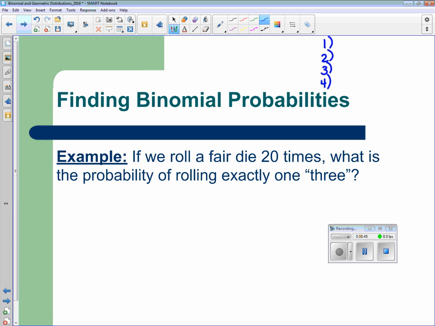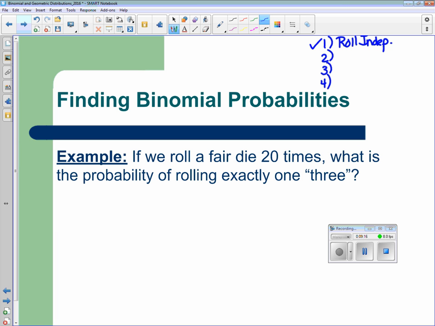What does that mean in the context of this problem? Is the probability of rolling, say, a 1 on the first try going to affect the outcome of B? Right. Each roll of the dice is independent of each other. That's what we want to say. So the rolls are independent. We're going to put a check. That first condition is satisfied.